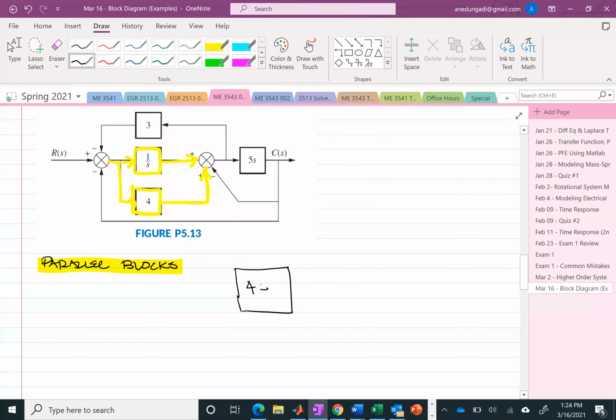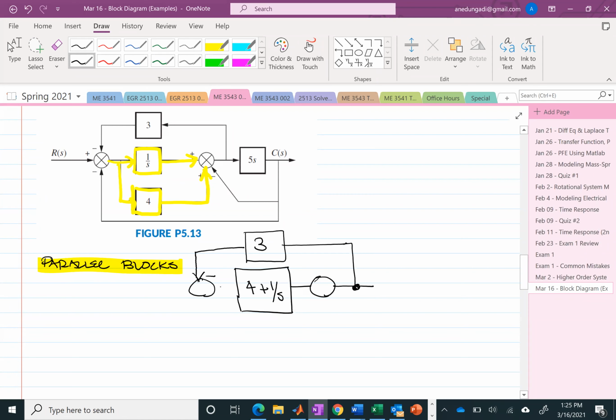We have 4 plus 1 over s. That goes into this summation block here. And then I have a pickoff point. Then I have this 3 over here. And then I have minus, right? That's this one here.